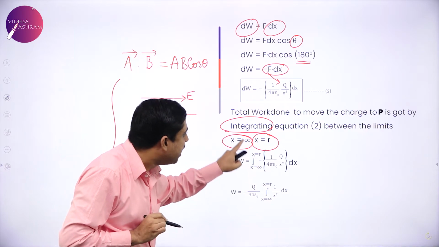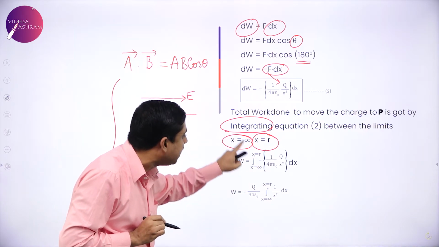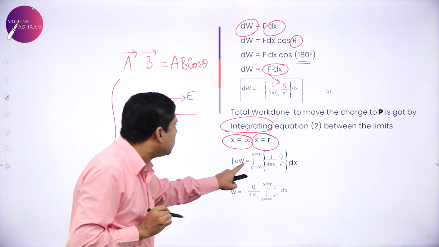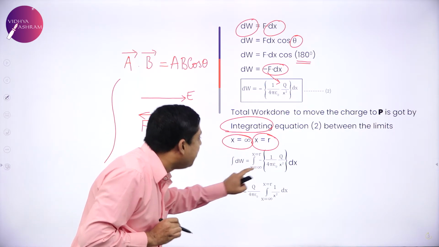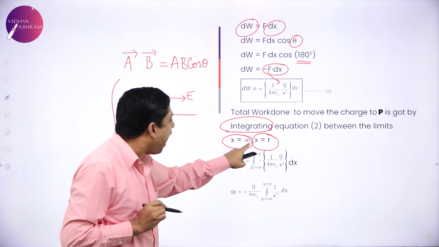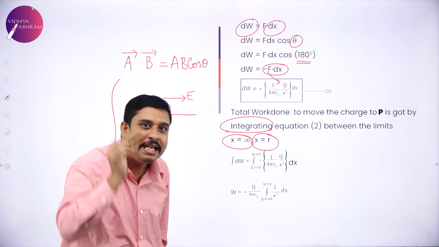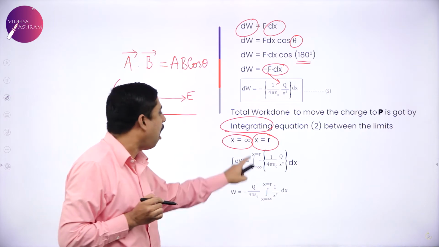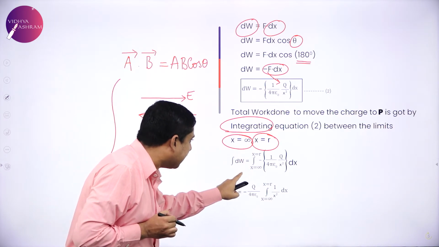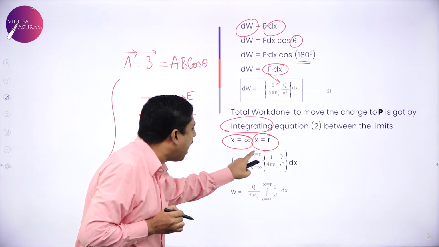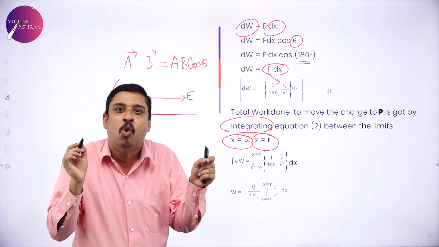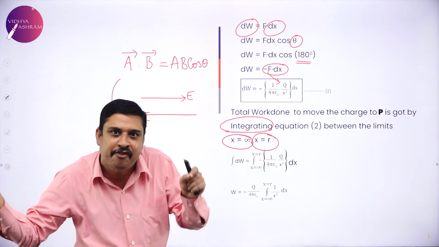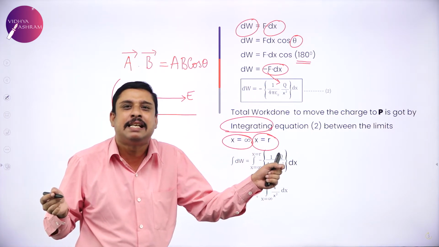Lower limit is always written below the integration symbol. So which is the lower limit? Infinity. The upper limit we write above the integration symbol, r. So the integral from infinity to r means you are moving the charge starting from a distance infinity to a distance r.